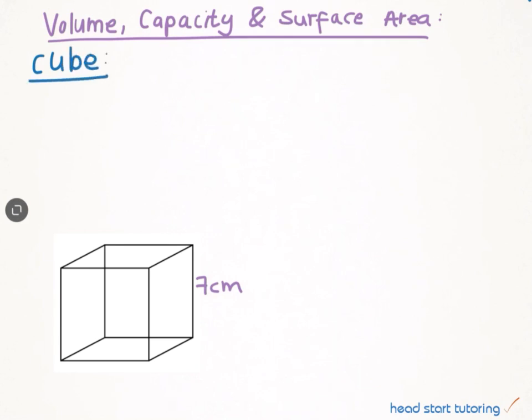We are going to have a look at another cube and try and work out the volume, capacity and surface area of this cube with sides of 7 centimeters.